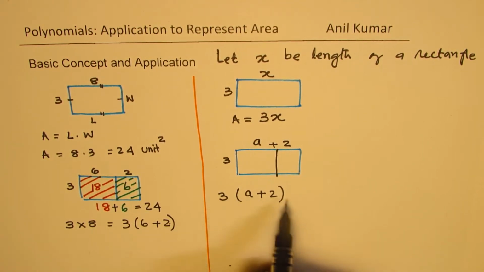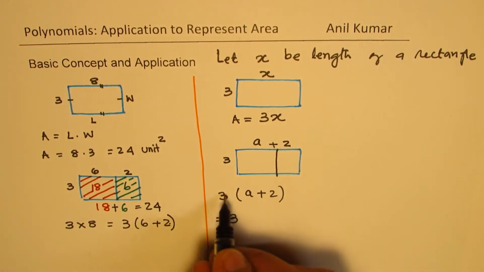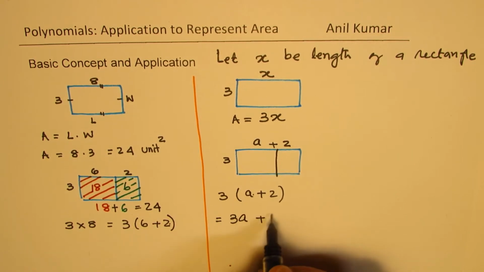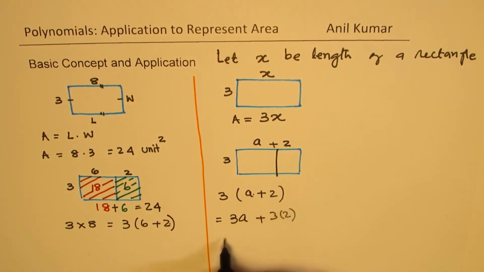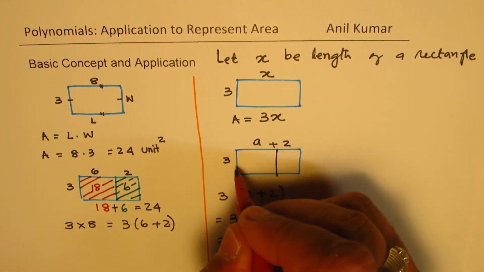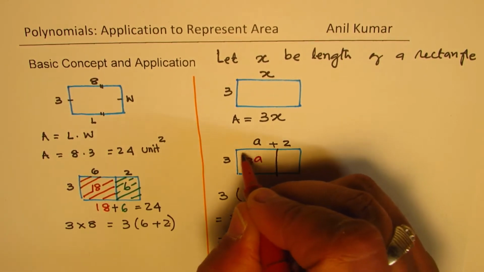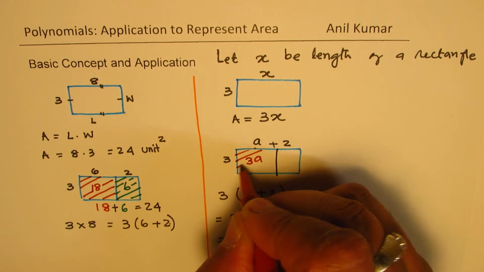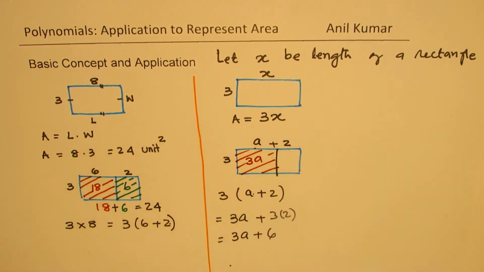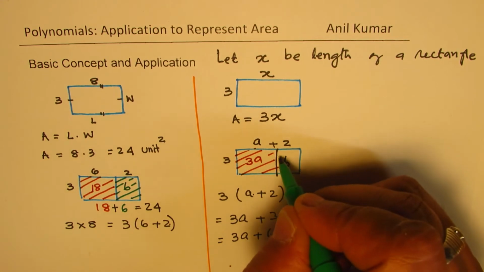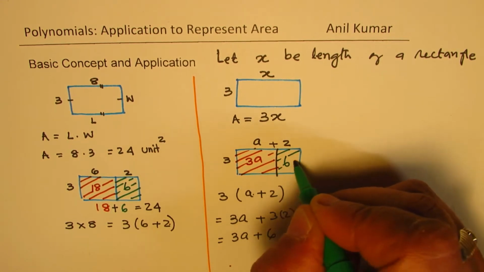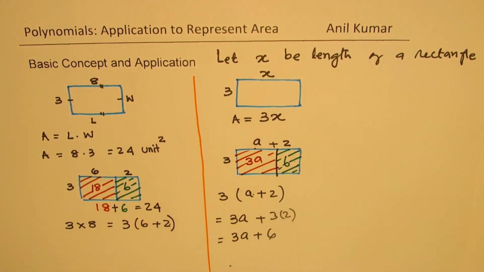We could write this area as 3 times a, which is 3a, plus 3 times 2, which is 6, or 3a plus 6. The area of this portion will be 3a and the area of the other portion will be 3 times 2, which is 6. You get the idea, right?